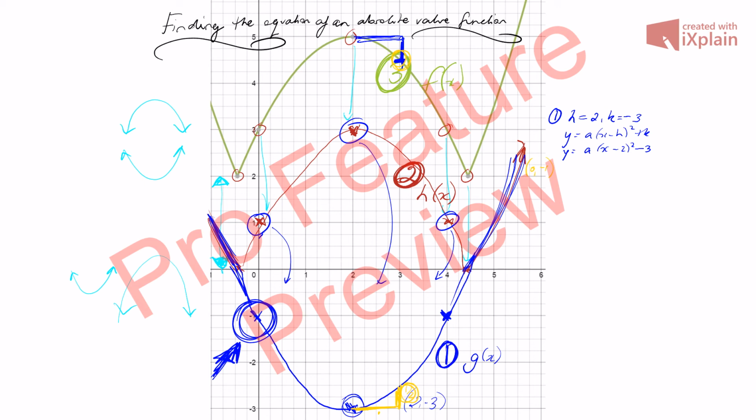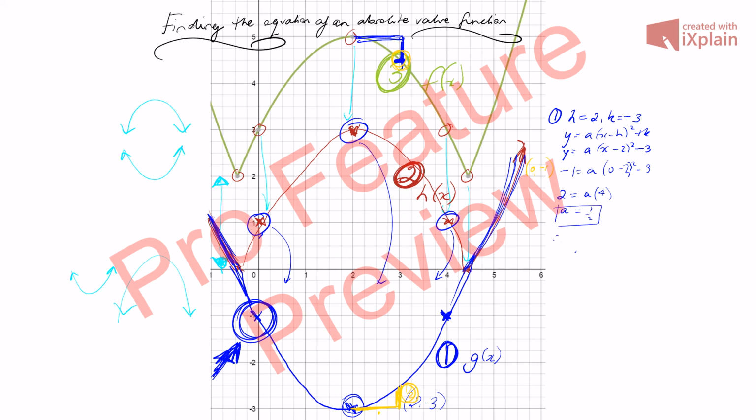So we go negative 1, we're going to fill it in, negative 1 equals a(0 minus 2) squared minus 3. So add 3 to both sides, so we get 2 equals a times, and the square of minus 2 is 4, and then we divide that through, so we get a equals a half. Now I could see that graphically, but it's also nice to prove that algebraically.